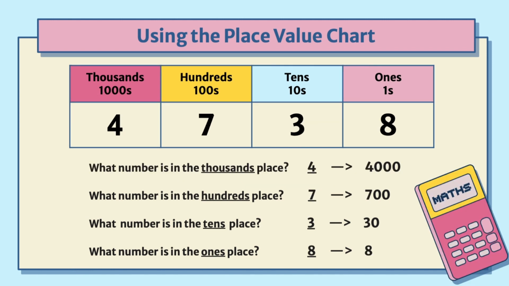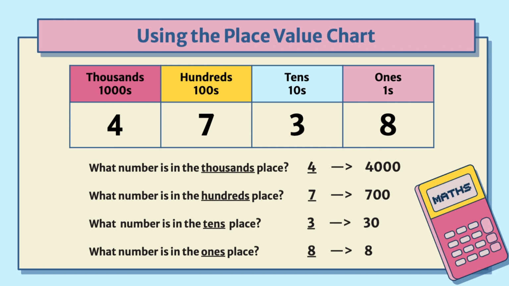Again, let's look at the position of each number on the place value chart. The 4 digits of this number represent amounts of thousands, hundreds, tens, and ones. What number is in the thousands place? If we look at our place value chart, we see that 4 is in the thousands place, representing 4,000.